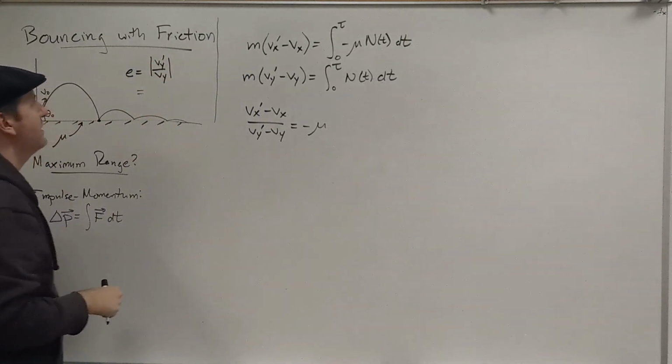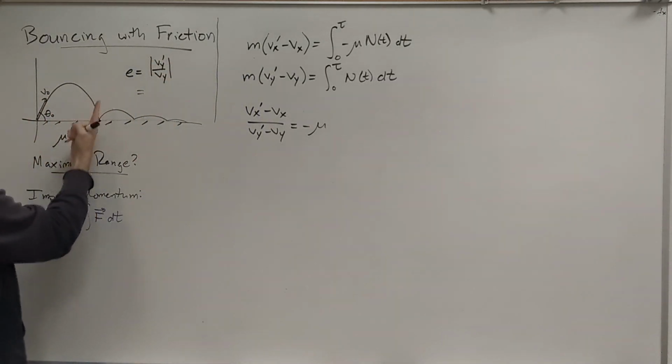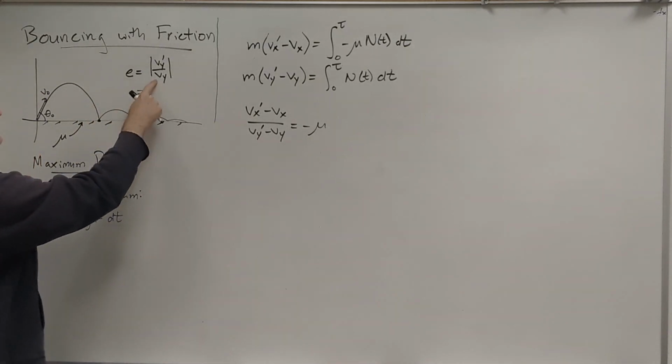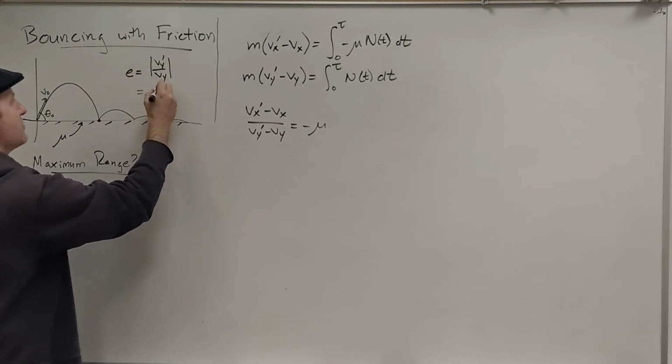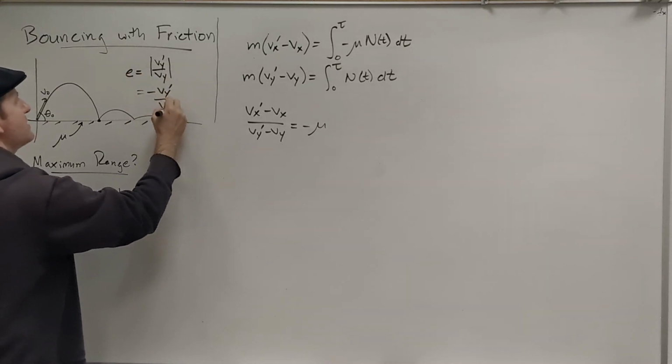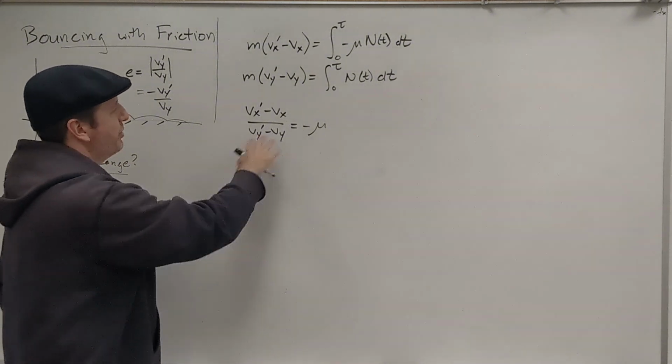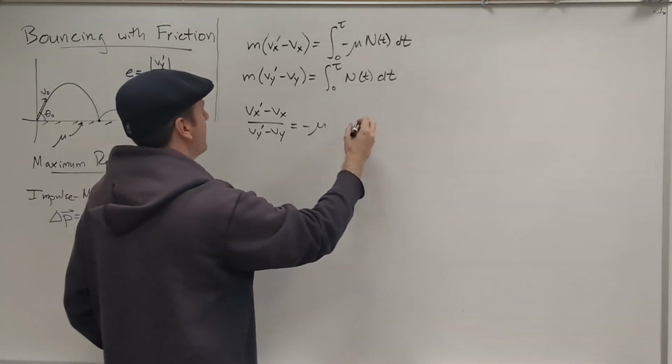That's why I took absolute values. Vy prime is positive because after the bounce, it's moving upwards. But Vy itself is negative. So to cover all of that, I can just write this with a negative, because now it's a negative negative, which is positive. So that's convenient too. So putting those together, I have two equations.